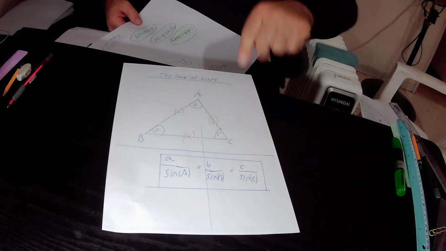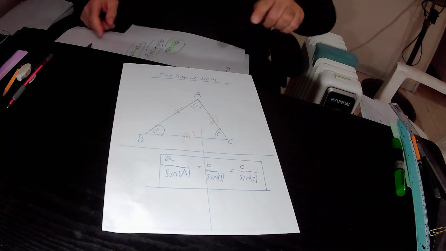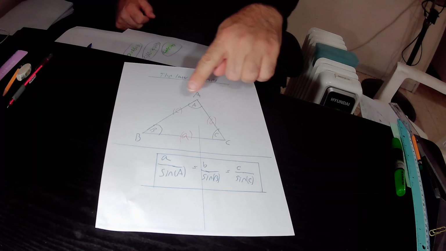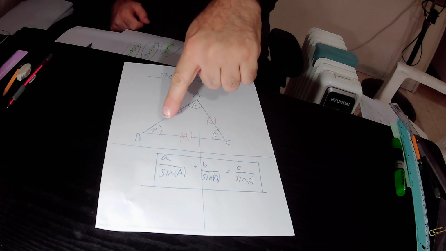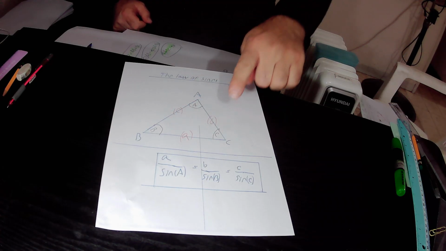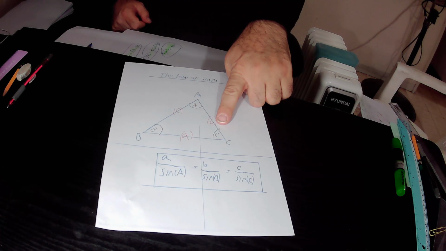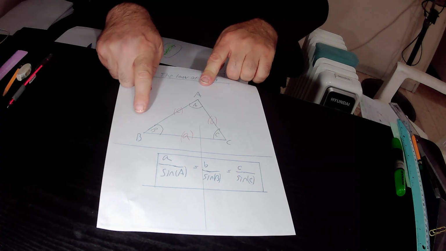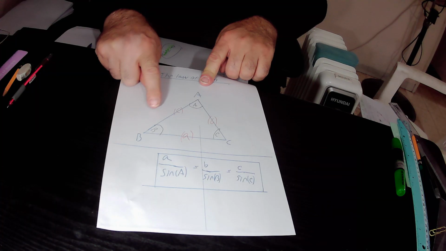This is triangle ABC that could be any triangle. The size of this angle BAC is equal to capital A degrees. The size of this angle ABC equals capital B degrees, and the size of this angle ACB equals capital C degrees. In addition, we know that the length of side AB of triangle ABC is equal to C units.